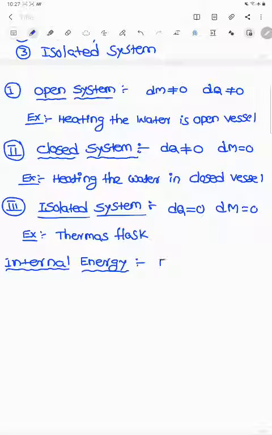It is denoted with E. Here the internal energy E equal to the sum of the potential energy plus kinetic energy.